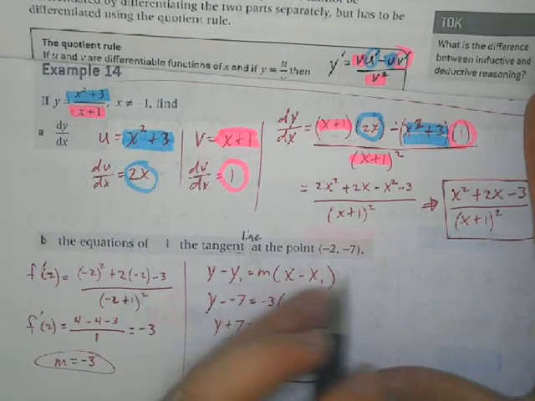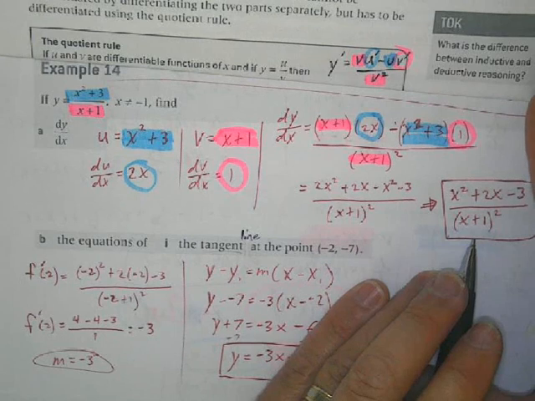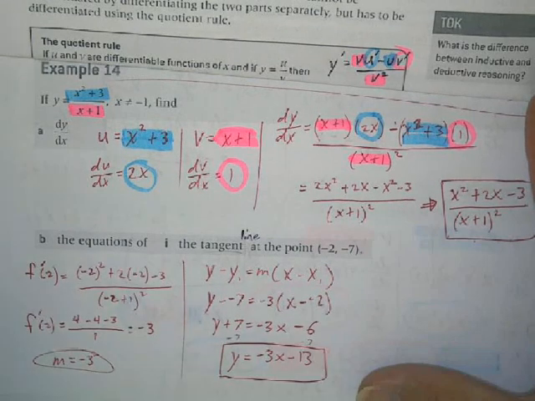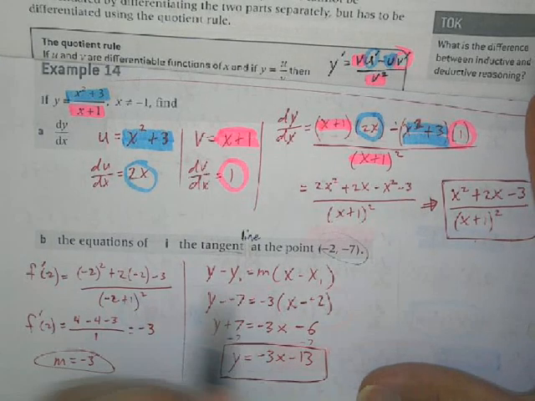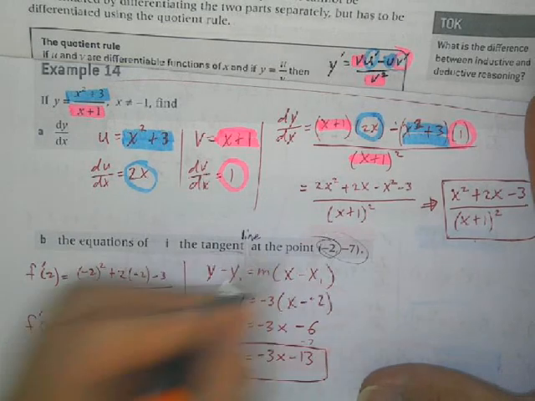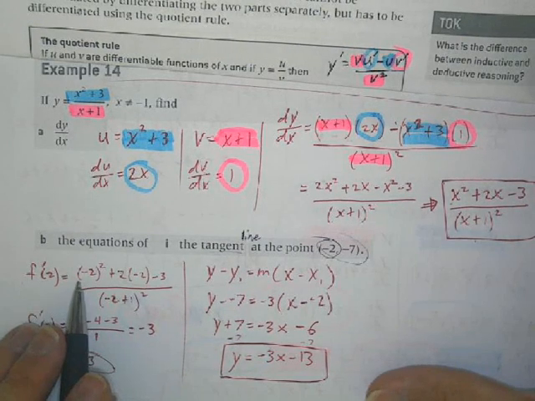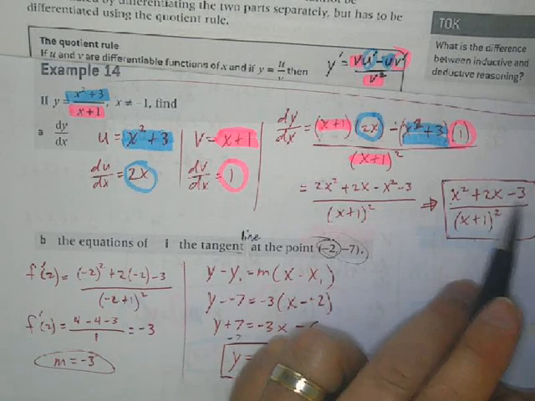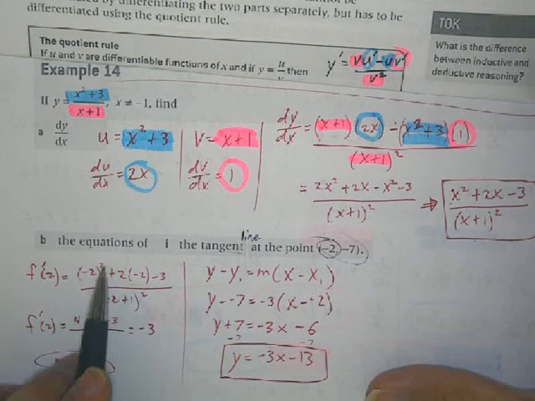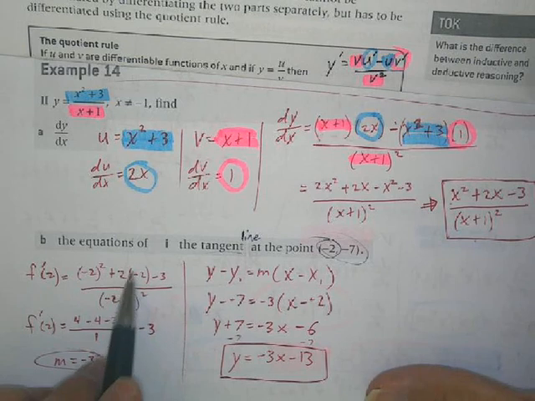So we've got this equation here, right? This equation is the derivative. So at this point, the derivative gives us the slope, right? So at this point of -2, I'm going to plug in -2 for x in my equation here. So instead of x squared plus 2x minus 3, I'm going to have -2 squared plus 2 times -2 minus 3.